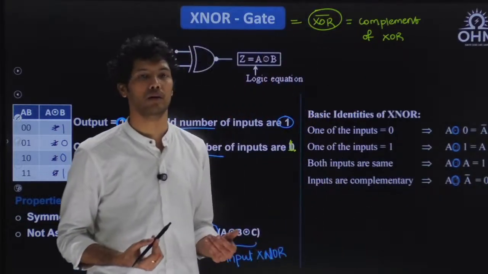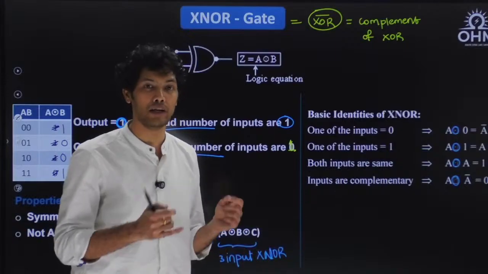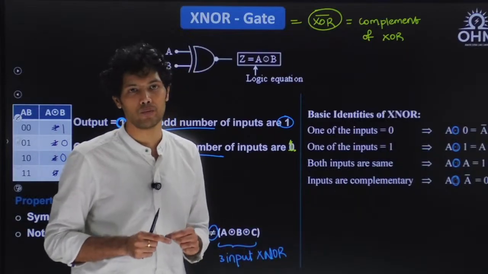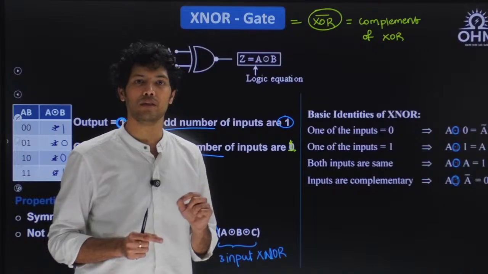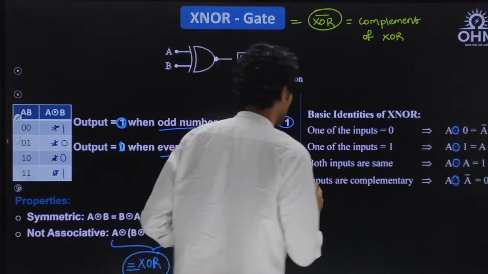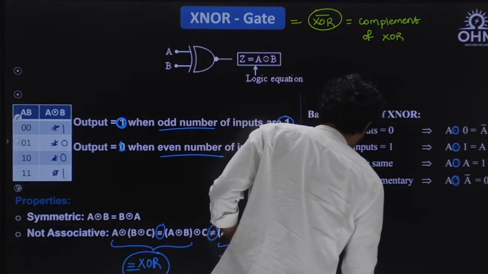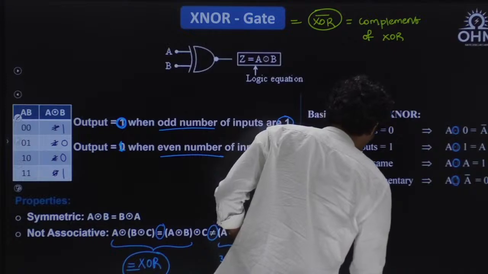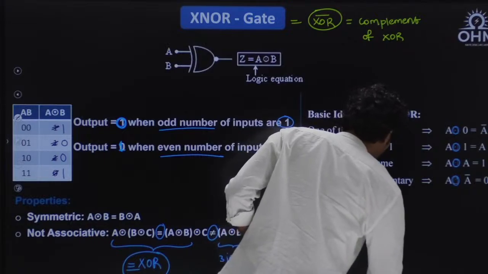So since the XNOR gate is finding out whether the inputs are equal or not, we call the XNOR gate also the equivalence gate.